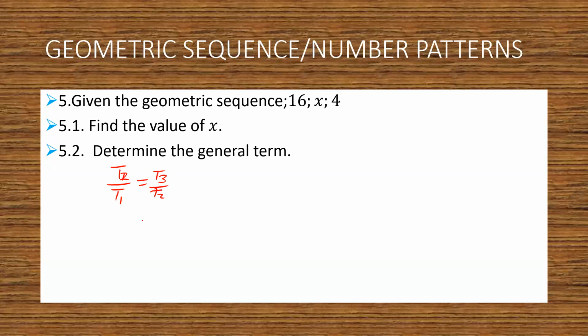Are we fine? Yes. What is T2? T2 is X. So what are we going to have? X divided by 16 equals 4 divided by X. How do you solve for x here?